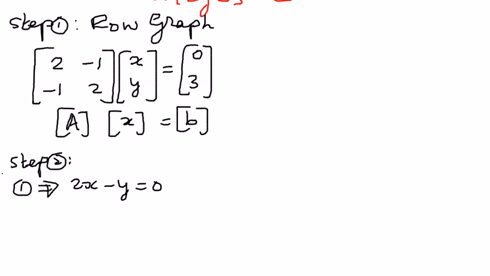Since we are looking at this row graph or row picture, we want to find, for corresponding values of x, the values of y as well. So if we were to rewrite 2x minus y equals 0 in the standard form, we can write that as follows, isn't it? 2x is equal to y, or y is equal to 2x.